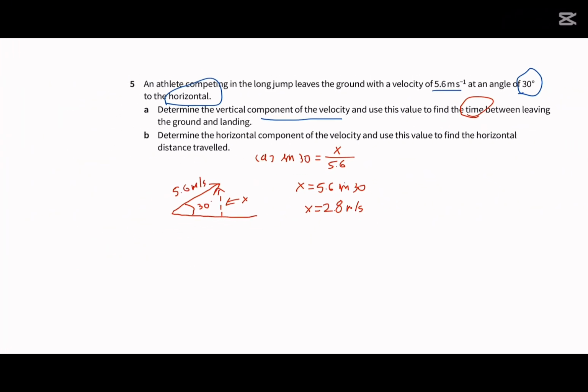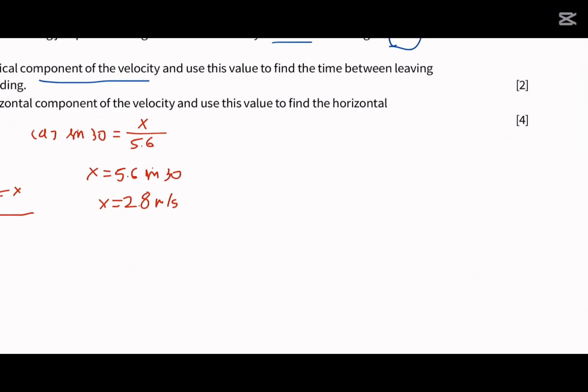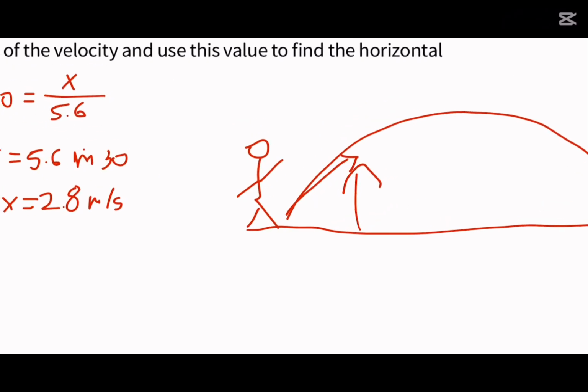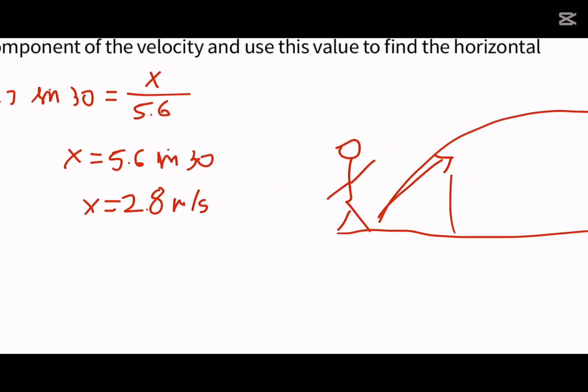So let's think of it like this. Here is the ground and the person is going to jump like this. The vertical vector is going to be 2.8.